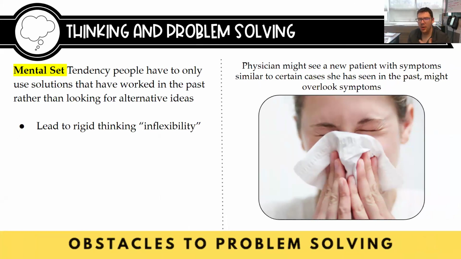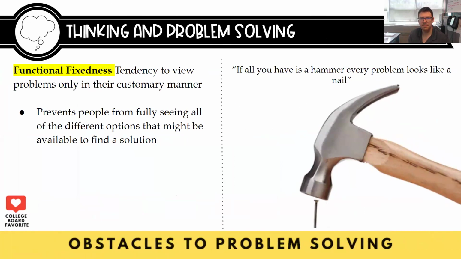We may get so trapped into our way of problem solving that we may not be able to approach something from a newer direction, right? So for example, you've got physicians, right? They are probably going to be utilizing previous cases that they've had, and they may not recognize the unique case that you brought to them in this particular instance.